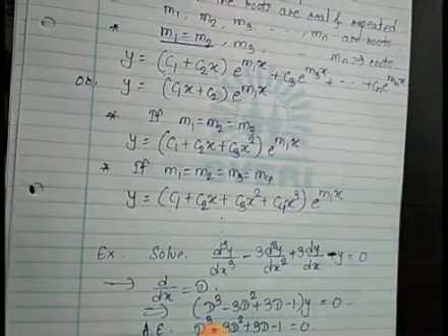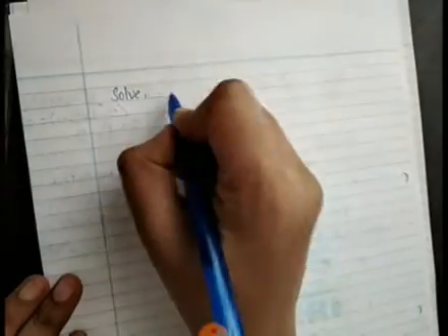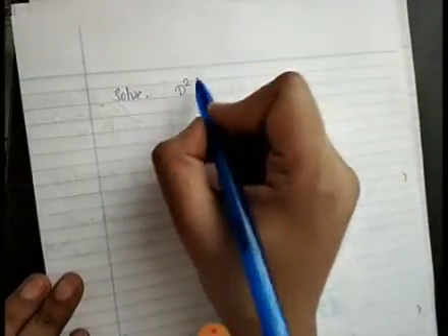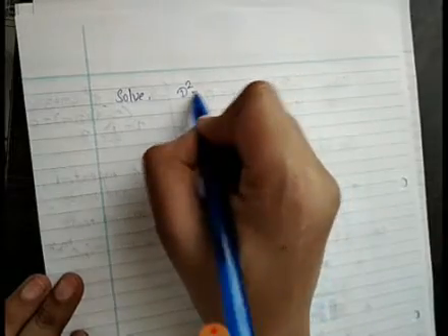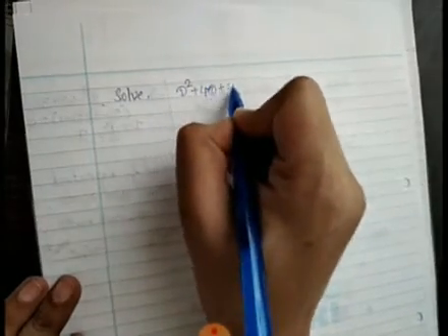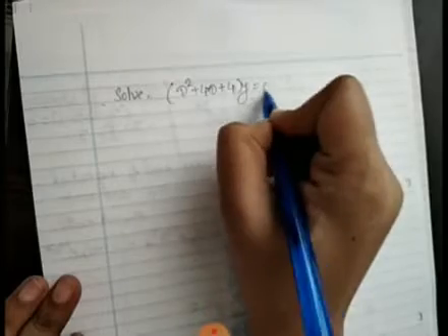Good. I'll take one more example on this for you and then we'll move to the next case. So solve d square plus 4d plus 4 y is equal to 0.